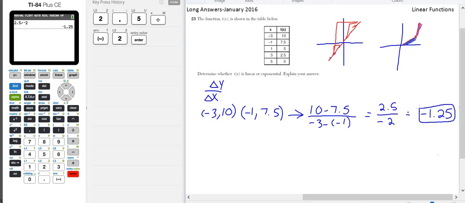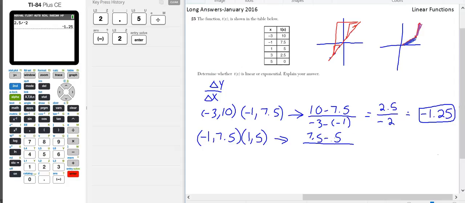Let's look at the next 2 points. Our next 2 points are -1, 7.5 and 1, 5. Let's find change in y over the change in x. Change in y values, the first y value is 7.5 minus our second y value, 5.